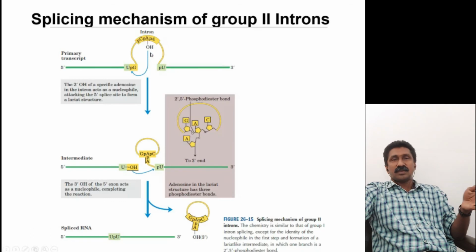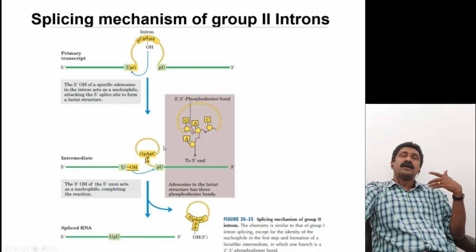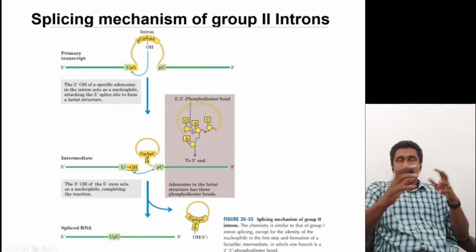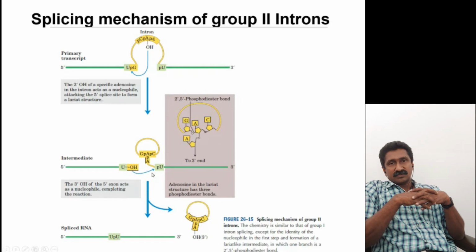Now the steps are the same as in the group 1 intron. It will perform another nucleophilic attack on the 3' end of the intron. Then the exon strands will be joined together, and the intron will be released from the primary transcript. So this is how group 2 introns work.